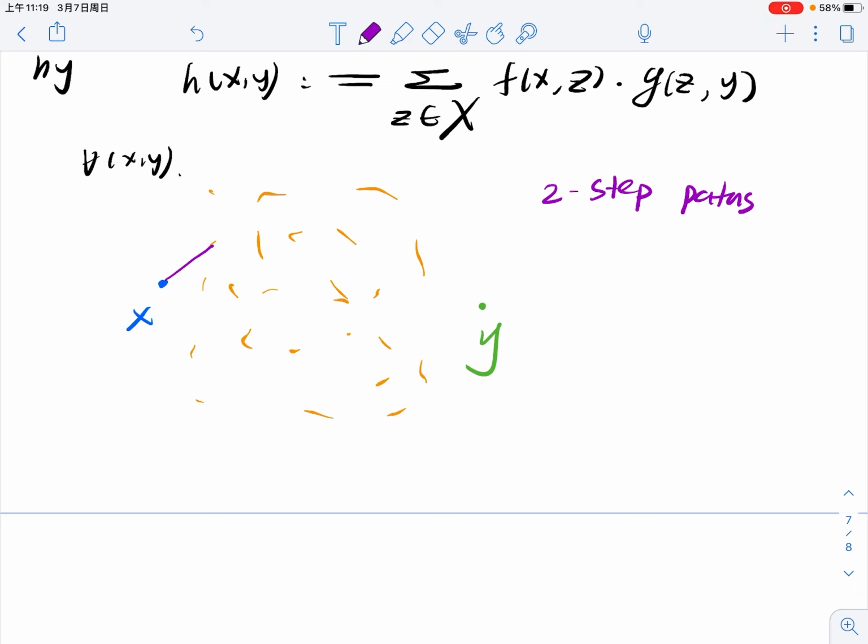So the total affection from x to y is a summation of all the affections through the two-step paths.